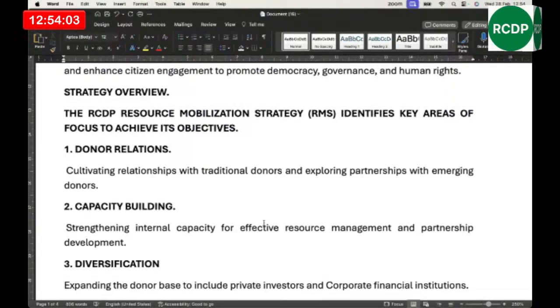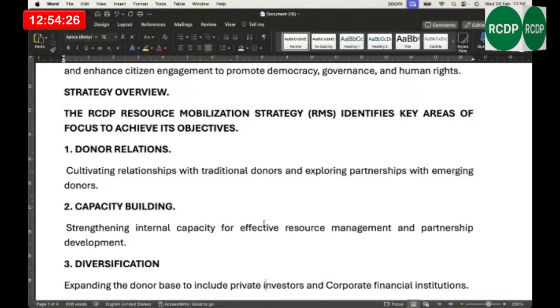So we are looking at cultivating relationships, and in the course of our interaction with some of these partners, we found it laudable and effective to assist in funding this program. The second objective is capacity building.